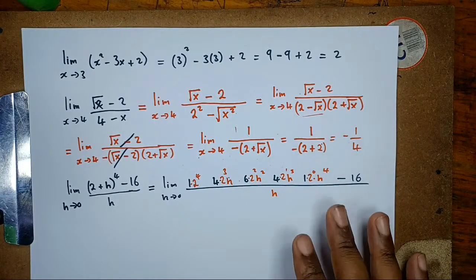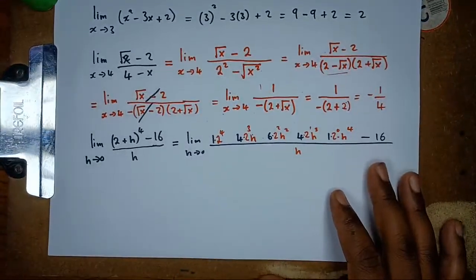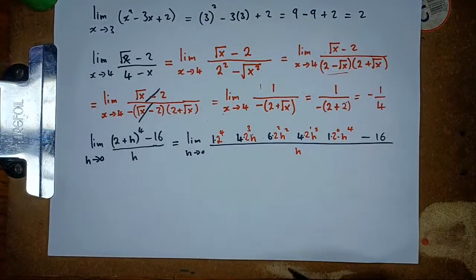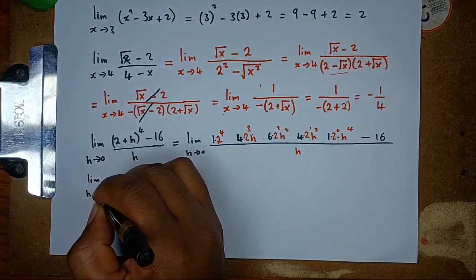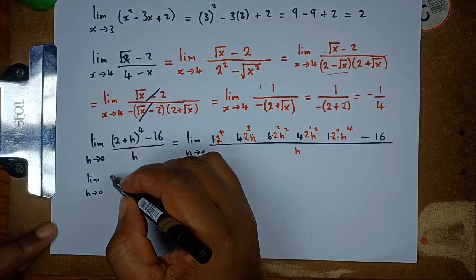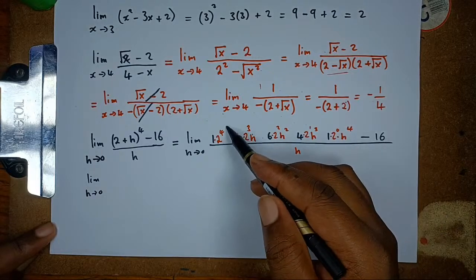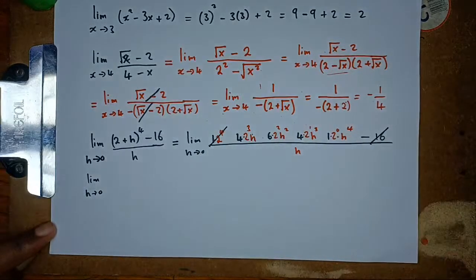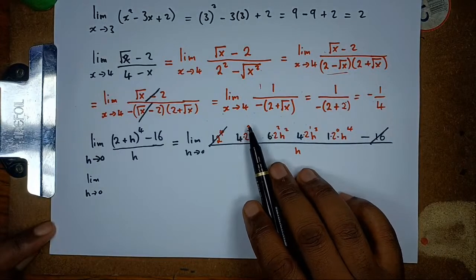Let's simplify things here. This is how we can simplify what we have. So we can say the limit as h approaches 0, okay? 2 to the power 4 is 16. Now, since this is a positive 16, we have a negative 16, meaning that this and this will just cancel. 4 times 2 to the 3, that is 4 times 8.